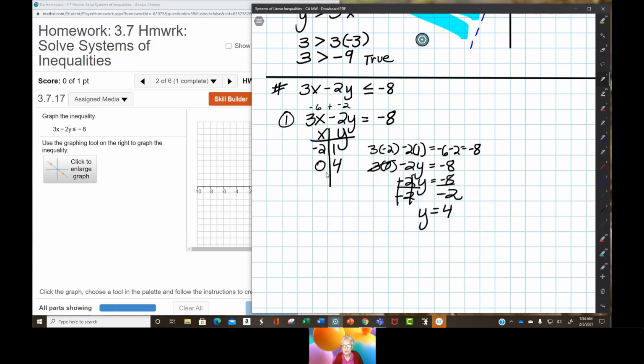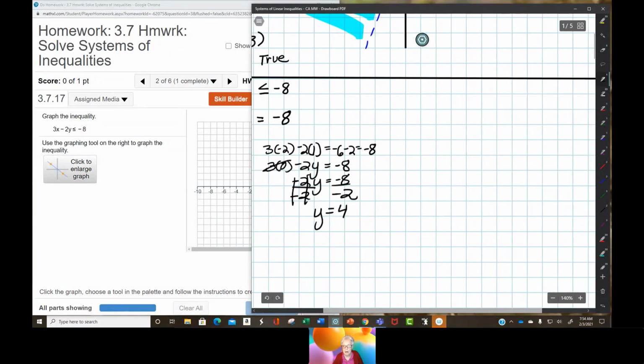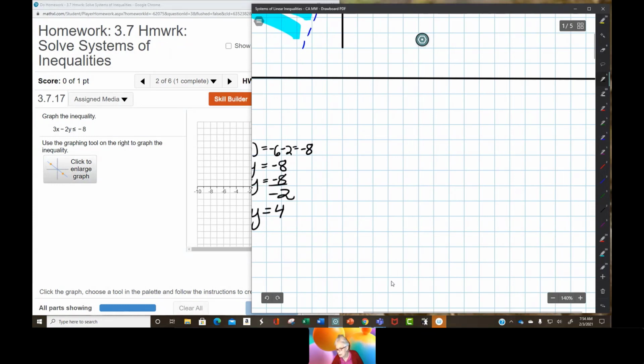I now have my 2 points, negative 2, 1, and 0, 4. And so I am going to make a quick little graph on my paper, because it's just easier to kind of work out all the kinks on your paper.